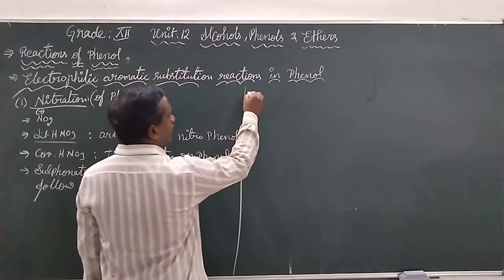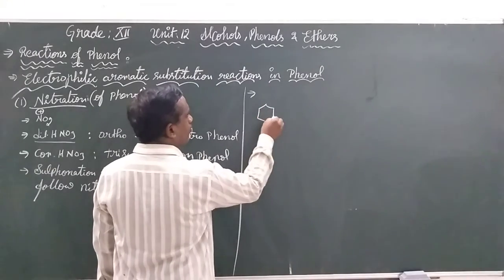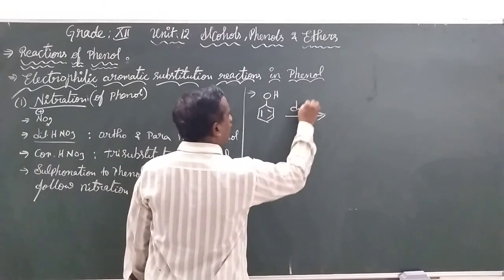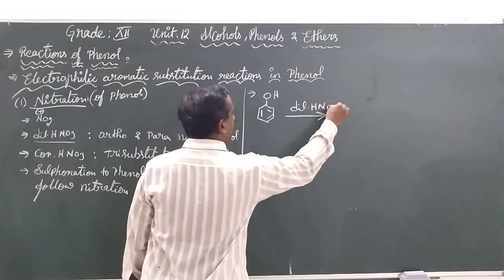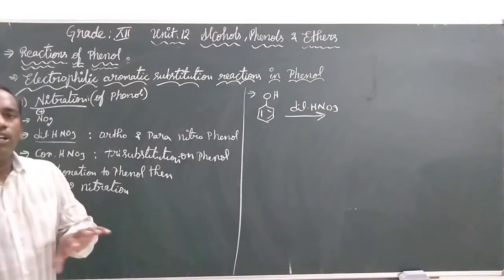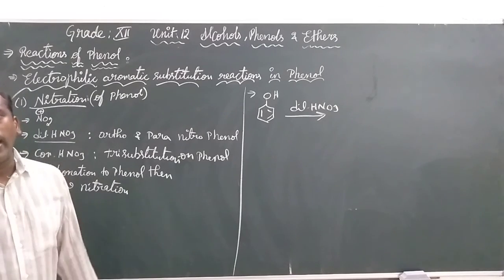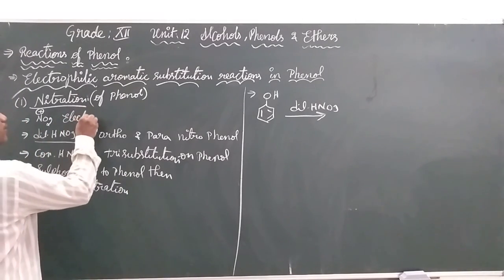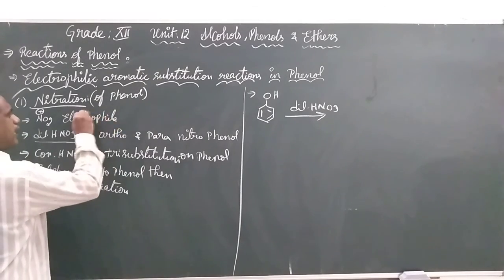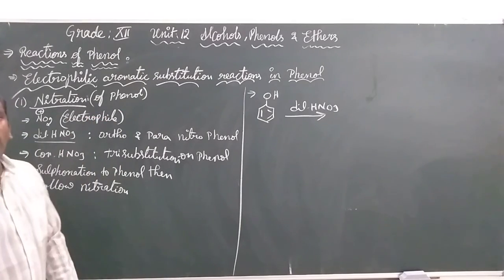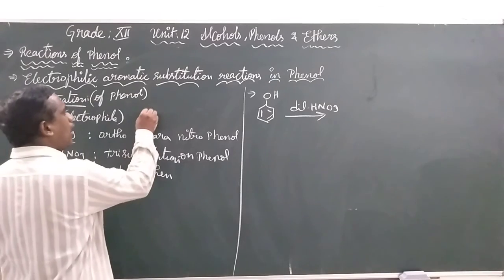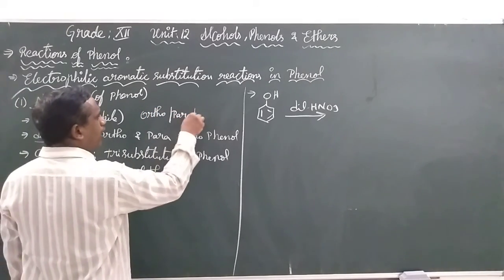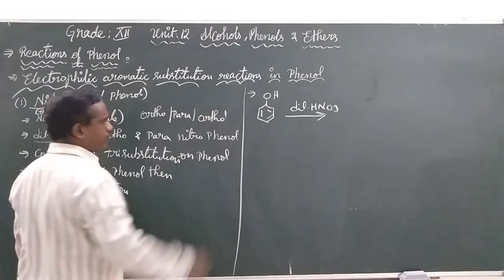First let us take the phenol, and once you react the phenol with dilute nitric acid, that will generate the nitronium ion. The nitronium ion, being an electrophile, will be readily involved in substitution reaction at ortho, para or ortho dash.